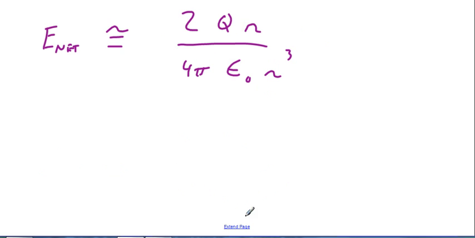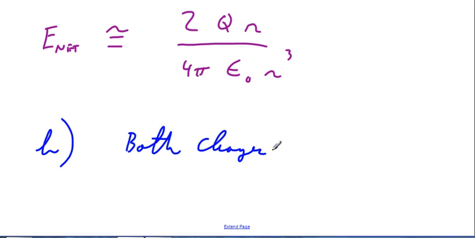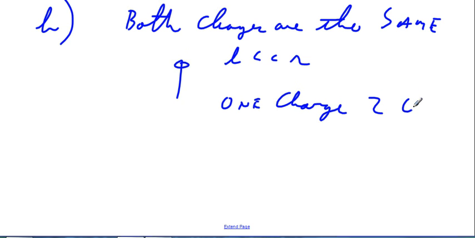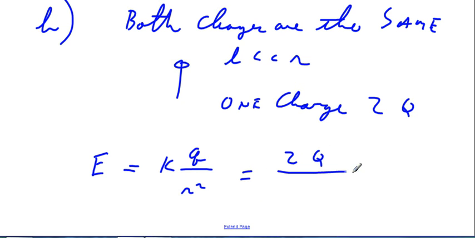Since both charges are the same, and L is much less than R, when I'm going up the horizontal, it appears to me that I only have one charge of 2Q, in which case E would be kQ over R squared, which would be 2Q over 4 pi epsilon naught R squared.